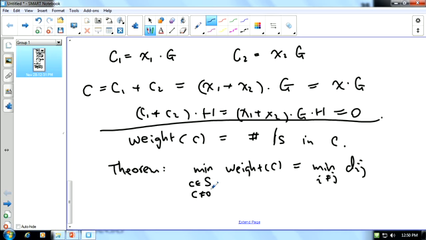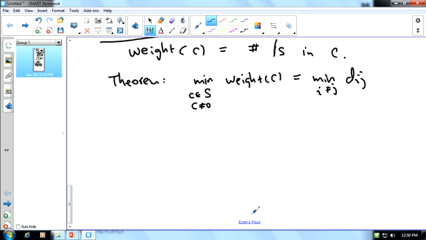So how do we prove this theorem? We can prove this theorem by using the property that the code word is a linear space. Okay? So first of all, if we have two code words, if we perform C1 plus C2, what do we get here?